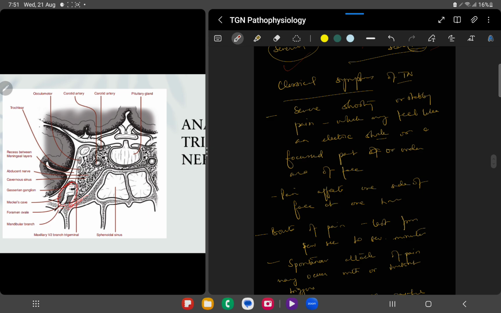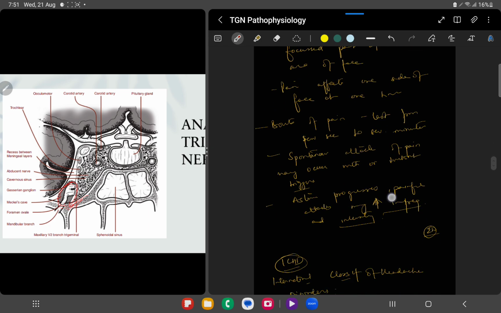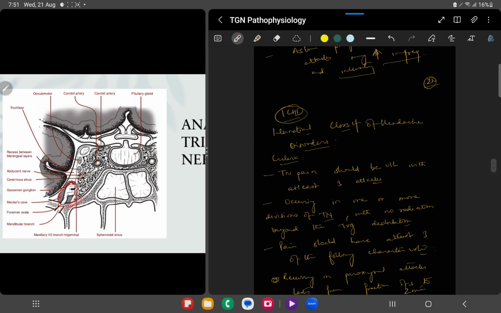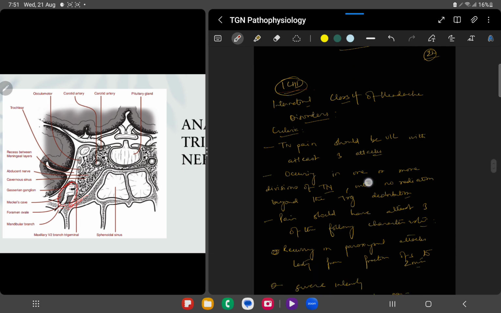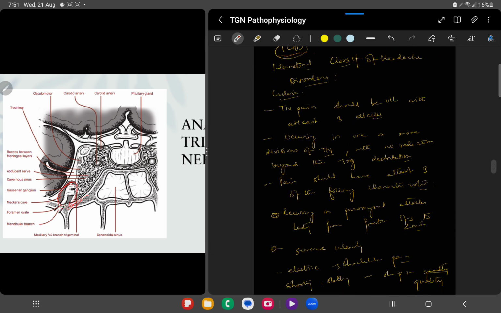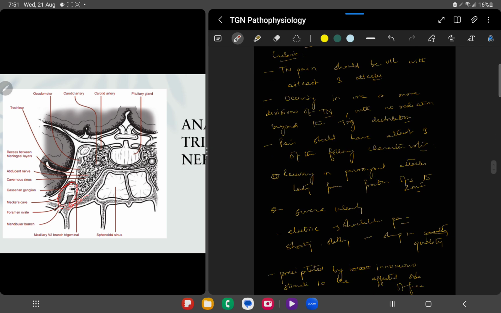Now the classical symptoms are severe stabbing, lancinating pain, which we have already discussed. According to the ICHD, that is the International Classification of Headache Disorders, there are certain criteria, and it is said that at least 3 criteria should be fulfilled to call it a trigeminal neuralgia. For example, first, it should be occurring in one or more divisions with no radiation beyond the trigeminal nerve distribution, that was there in the definition.